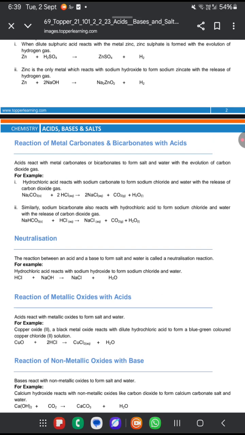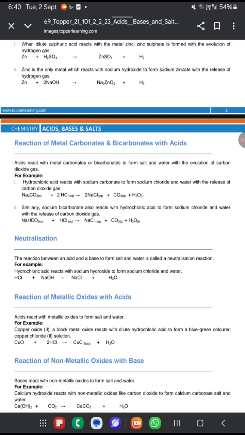Neutralization. The reaction between an acid and a base to form salt and water is called a neutralization reaction. For example, hydrochloric acid reacts with sodium hydroxide to form sodium chloride and water.